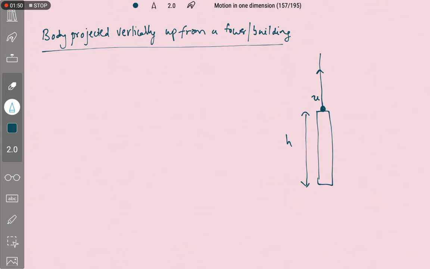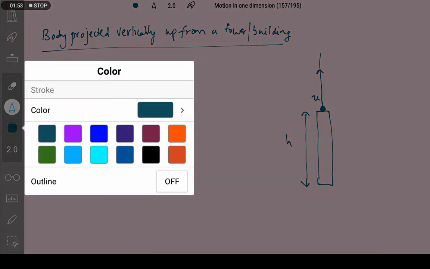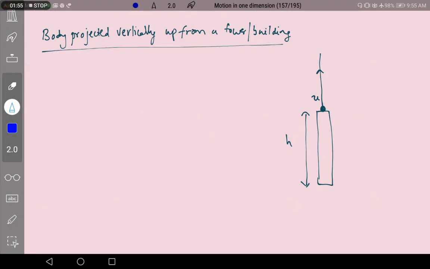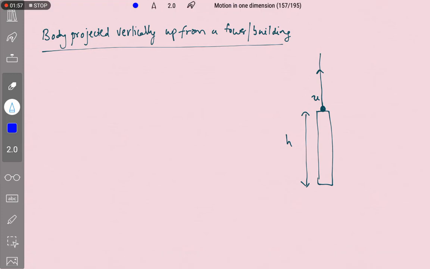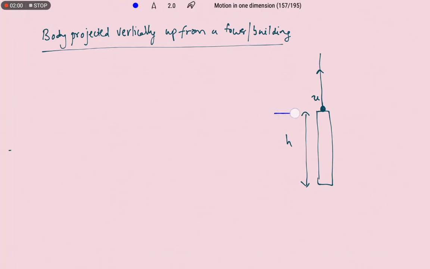Sign convention is nothing but allotting certain directions to the physical quantities. I am imagining a coordinate system attached to the frame. This is the origin, that means this is our initial point. Where we are projecting the body, that point can be considered as a reference point. With respect to the reference point, the physical quantities measured in the upward direction are taken as positive.